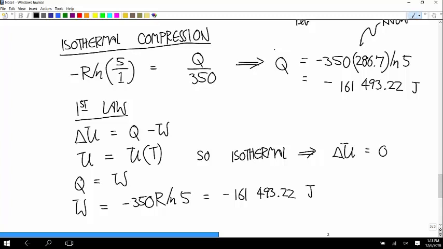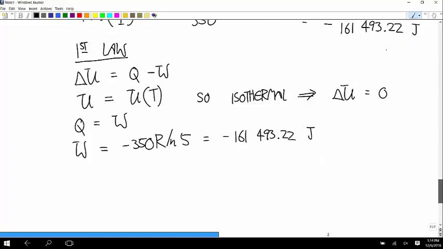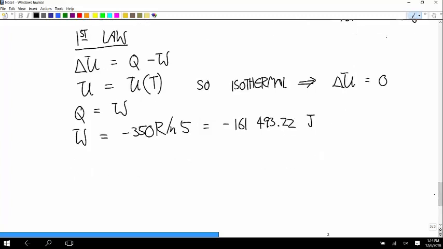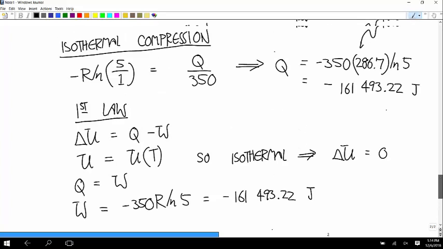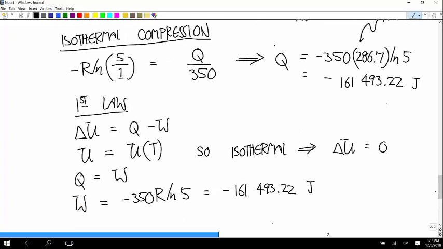And so if you're keeping the temperature the same using heat transfer, heat has to transfer out of the gas. So that makes sense. Okay, so we're on the right track now. This is hard. Holy moly. Okay, so we have everything we need about the isothermal compression. So now let's go to the expansion.